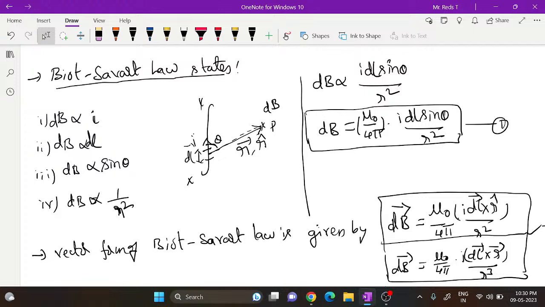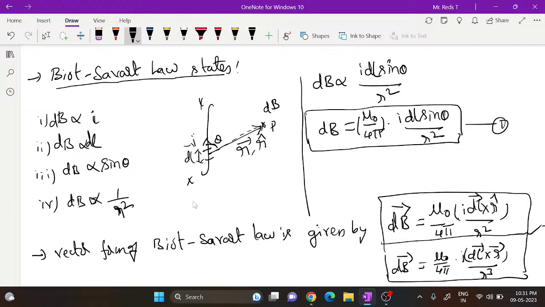Okay, guys, look. So Biot law says magnetic field due to a current carrying wire is given by this. According to this Biot law, if you have a current carrying conductor, to find the total magnetic field at a given point, we have to divide it into a few identical small current carrying elements.